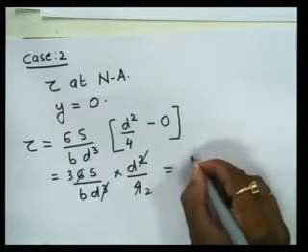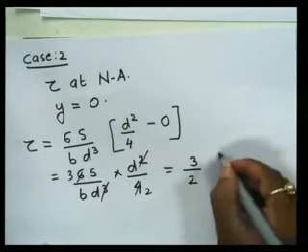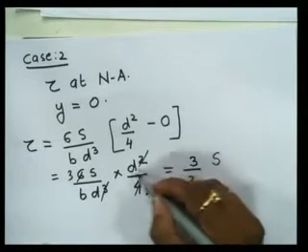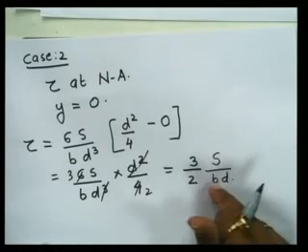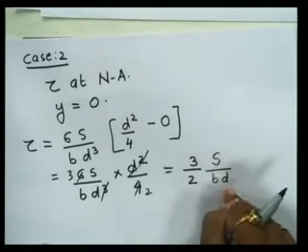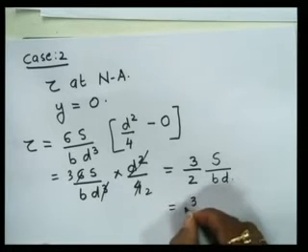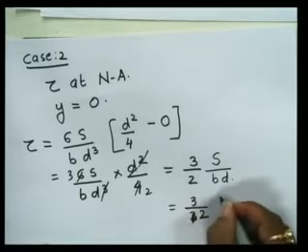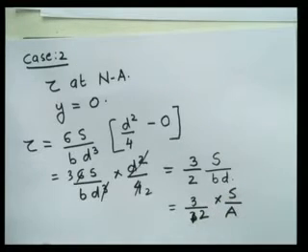So we get 3 by 2 into S upon b into d. What is b into d? b into d is nothing but the area of the rectangle. So we can say 3 by 2 into S upon A.